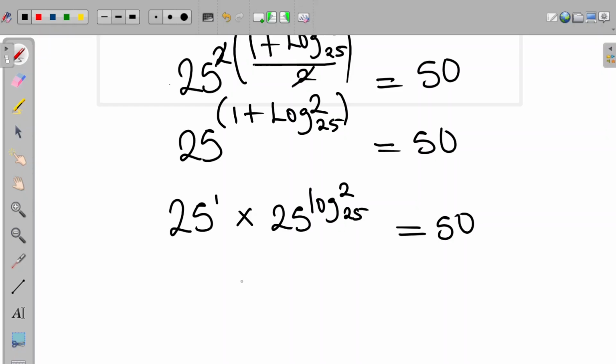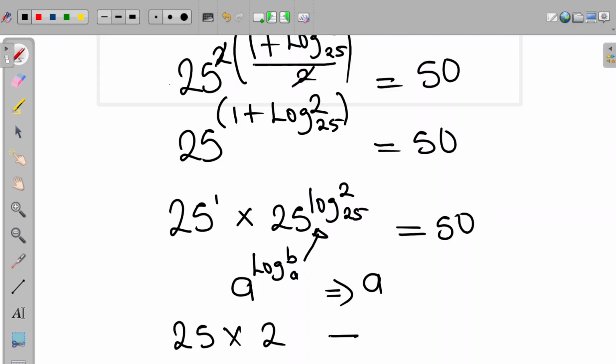But note that if I have a raised to the power of log b to base a, this is also equal to b. So if we apply this in this expression here, this becomes 25 multiplied by 2 equal to 50.